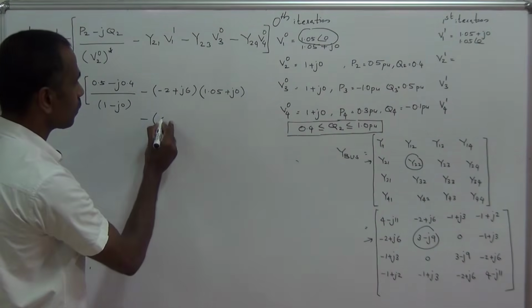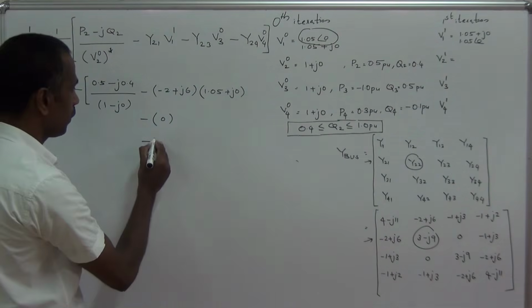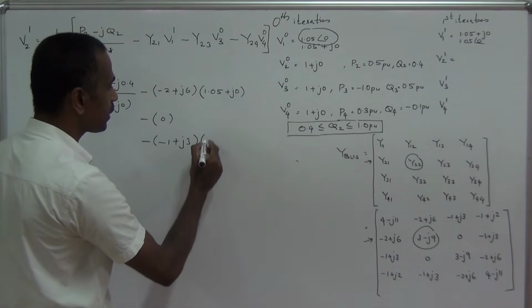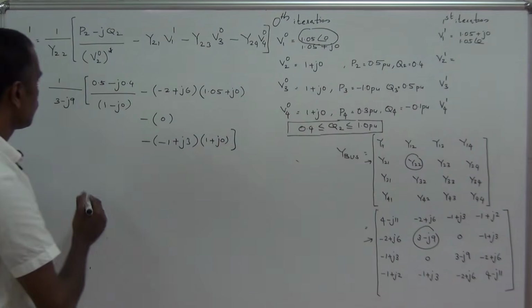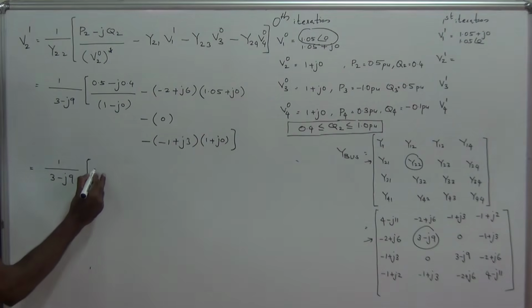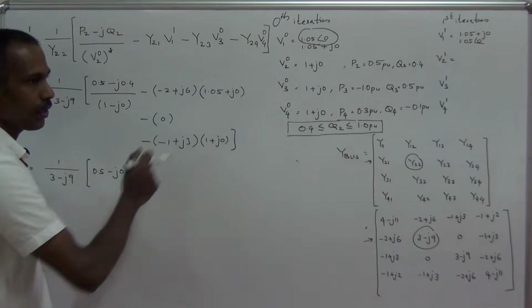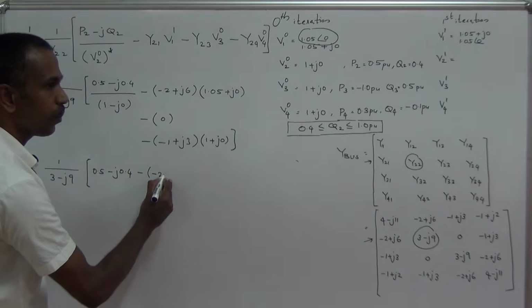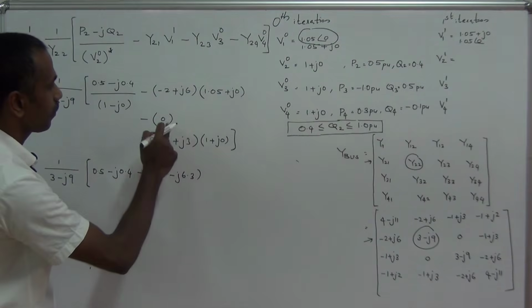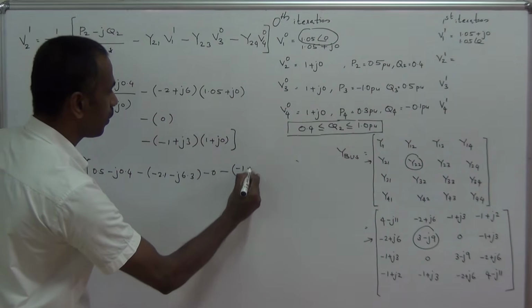Y23 is 0, minus Y24 V4. Y24 is minus 1 plus J3 into V40, which is 1 plus J0. So this is equal to 1 by 3 minus J9 into 0.5 minus J0.4, minus this term, which equals minus 2.1 minus J6.3. The second term is 0, minus the third term, which is minus 1 plus J3.